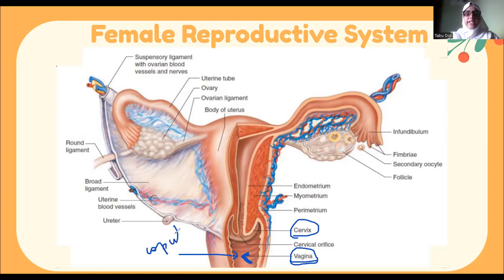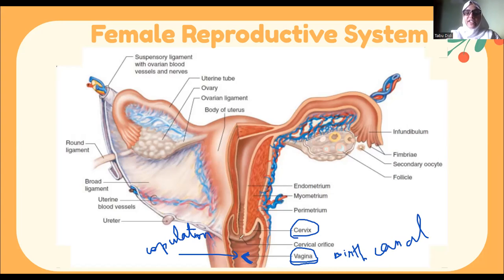Also, it is the birth canal. Vagina is also the place where normal birth will take place, so it is also known as the birth canal. The newborn will be delivered through this passage. It is a muscular type of passage which can expand and which can contract.